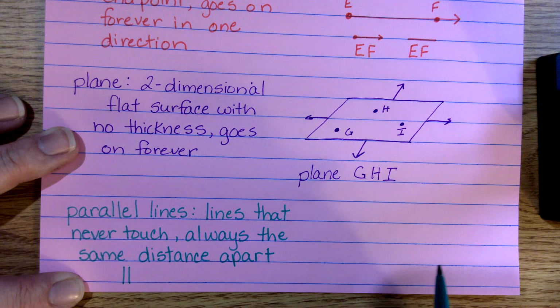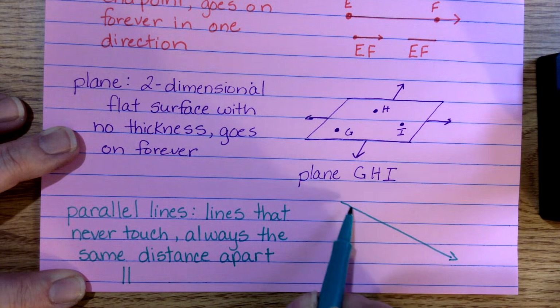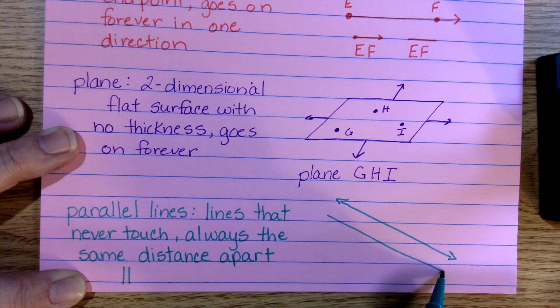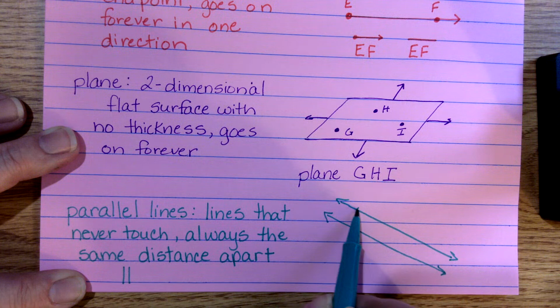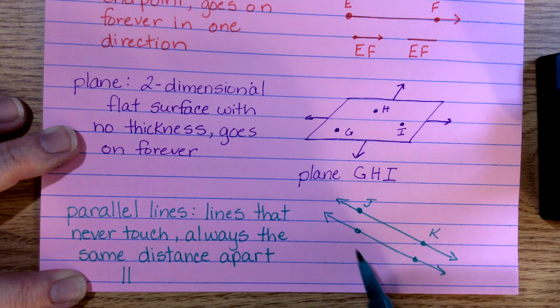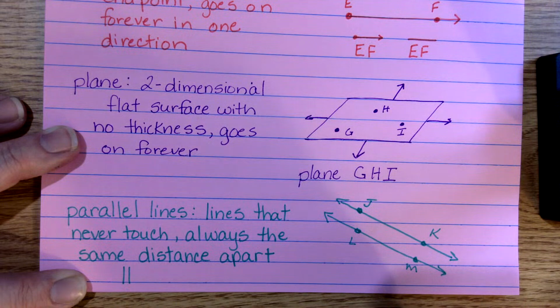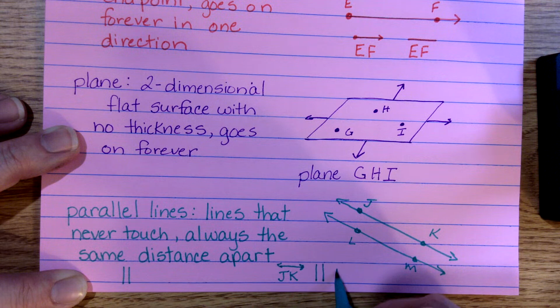So for instance, and I'm going to do my best to draw them parallel, we have points J, K, and we have points L and M. And what that would look like if we are naming them is we would say line JK is parallel to line LM.